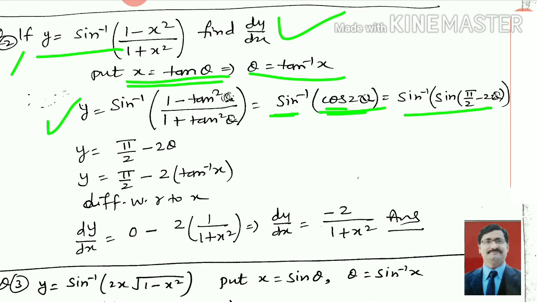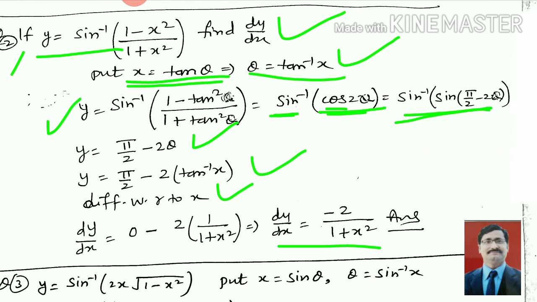So you get sin inverse sin of pi by 2 minus 2 theta, and sin inverse and sin cancel, so y equals pi by 2 minus 2 theta, and theta is tan inverse x. So y equals pi by 2 minus 2 tan inverse x. Now differentiate with respect to x: dy by dx, pi by 2 is constant so 0, minus 2 times the differential of tan inverse, which is 1 upon 1 plus x square. So dy by dx we get minus 2 upon 1 plus x square.